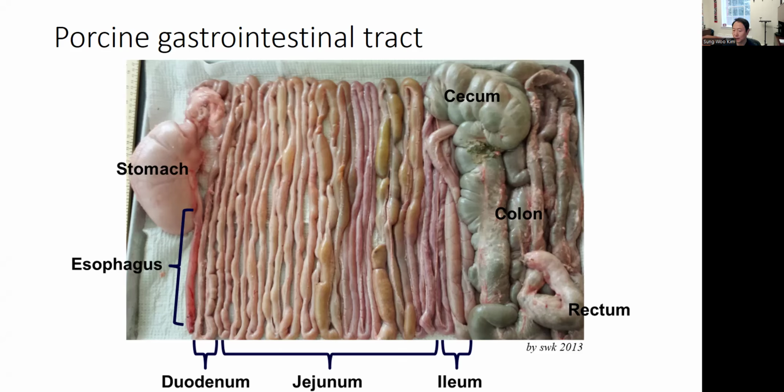As it goes from the beginning to the end, it spends time and reacts with digestive enzymes, and feed particles are digested into nutrients, and these nutrients are absorbed into the body in the jejunum. So most of the meaningful digestion and nutrient absorption happens in the jejunum. In that way, the jejunum is a very important portion of the gastrointestinal tract in mammals.